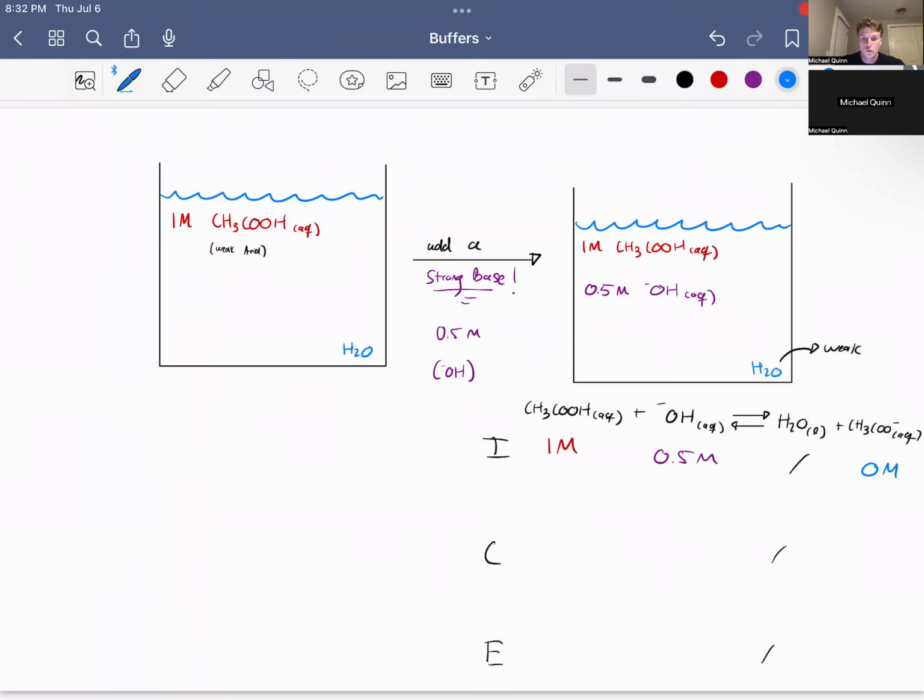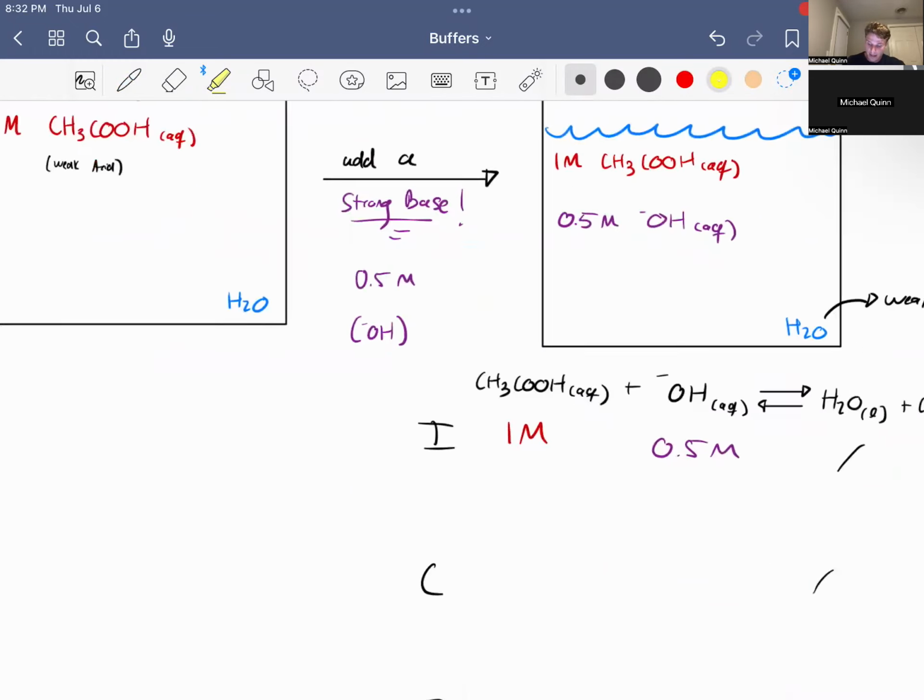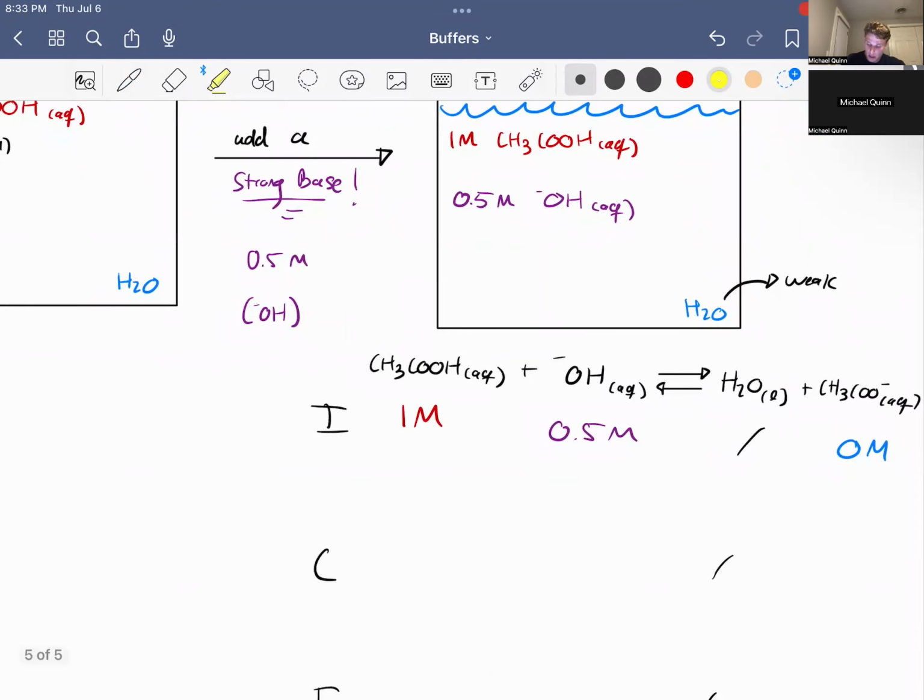However, it is extremely important to note that when you are doing a titration, the first step is to add a strong acid or base, so in this reaction, we are working with a strong species. OH minus is a strong base, so it doesn't matter that CH3COOH is weak. OH minus is a strong base, so it is going to take the hydrogen from CH3COOH 100% yield.